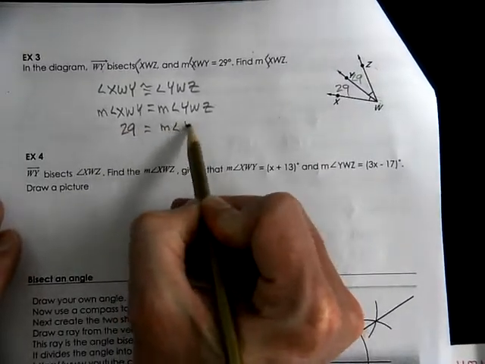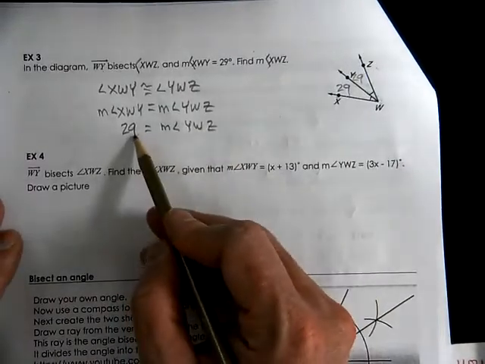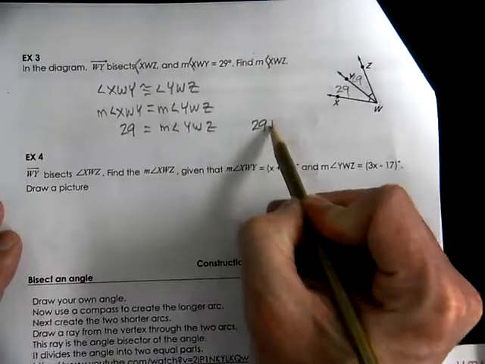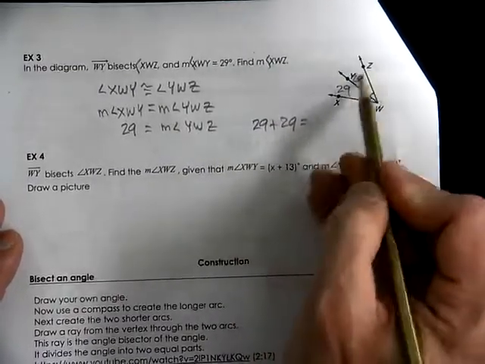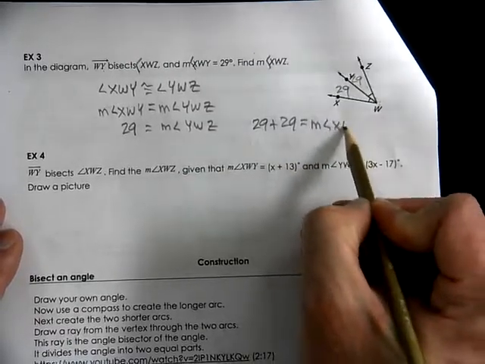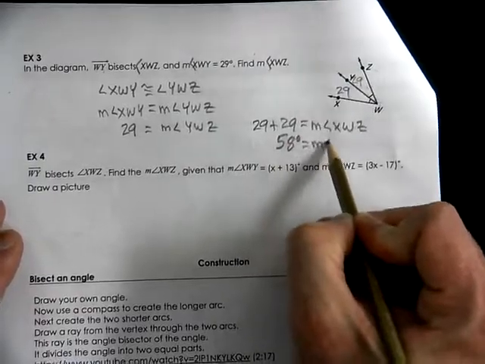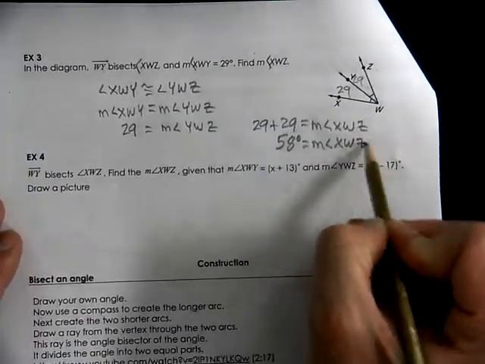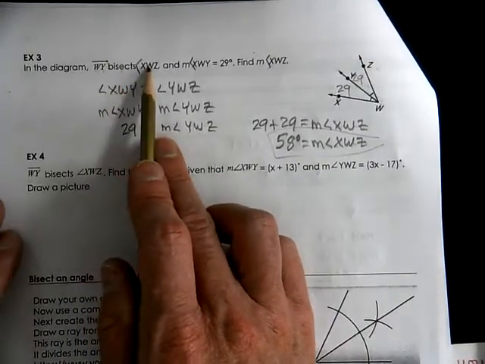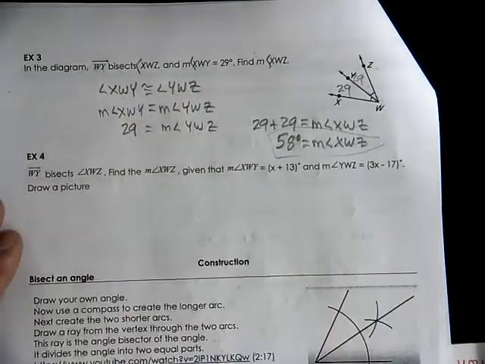So mathematically, we have shown that YWZ has to be 29. So 29 plus 29, the two small parts are going to add up to the larger angle. And that's 58 is the measurement of XWZ. But that all came from this idea of the big angle being bisected, being broken into two congruent parts.